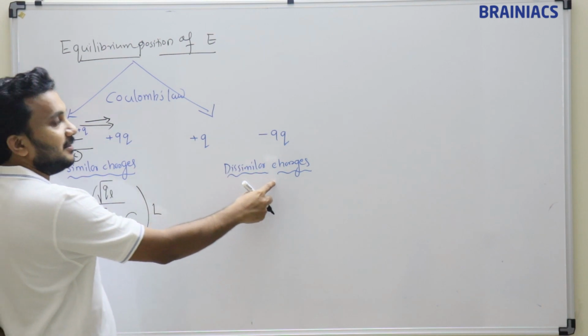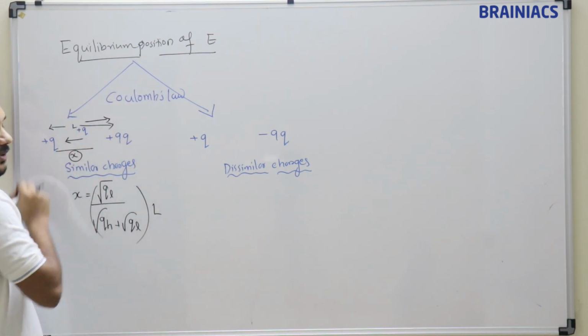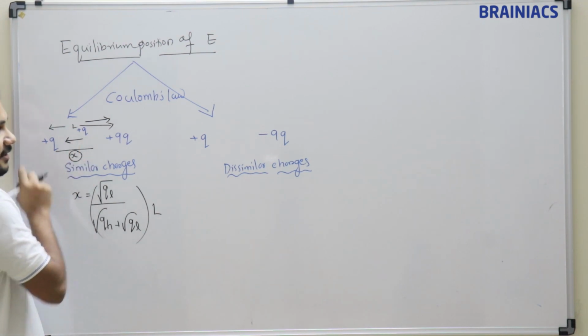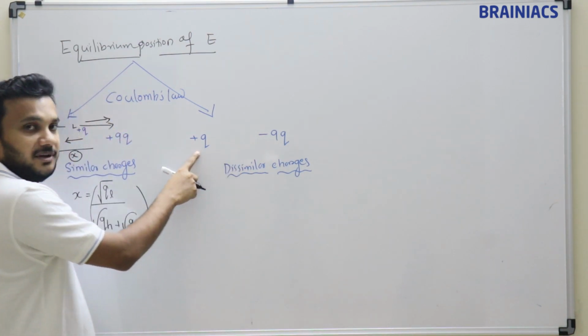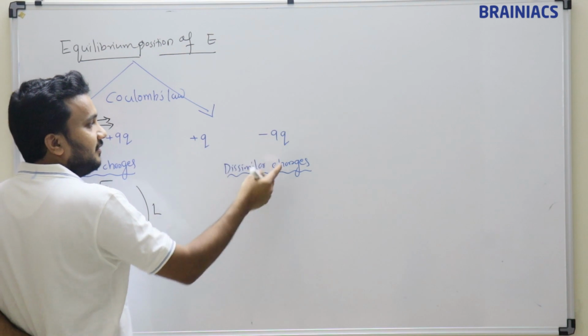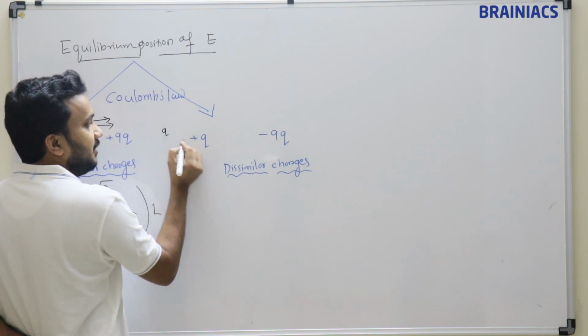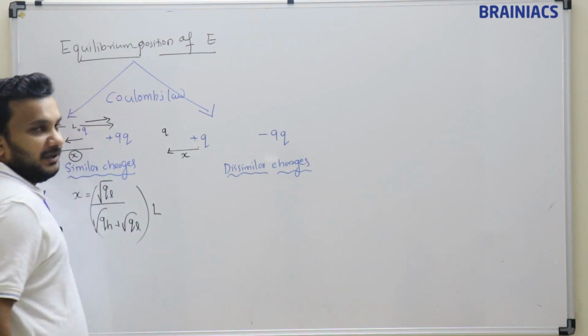In the case of dissimilar charges, where will the position come? In the similar case, x is definitely in between. In the case of dissimilar charges, in Coulomb's law part 2 or part 3 video I mentioned that the third charge q must be placed on the left side at a distance of x meter.